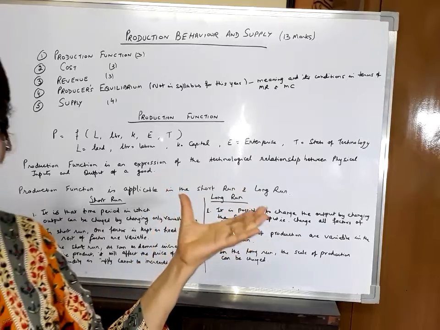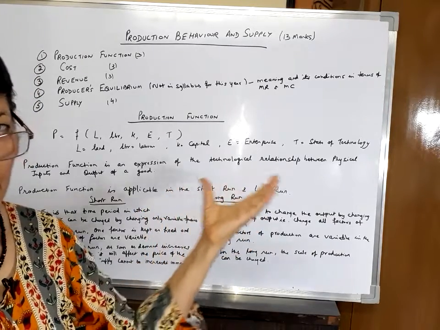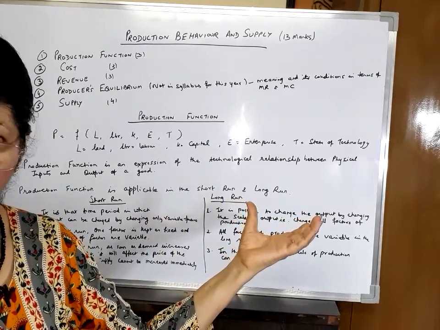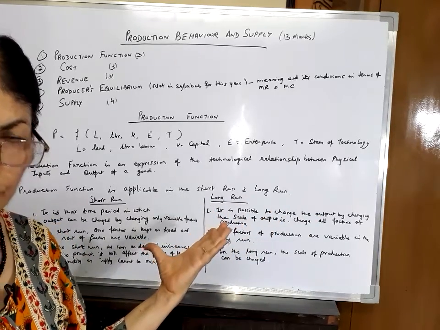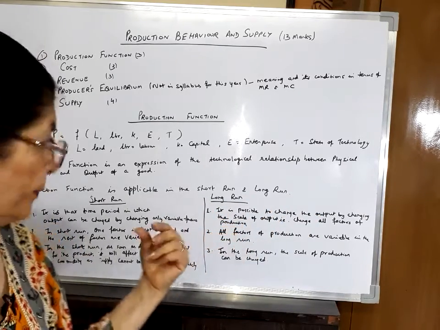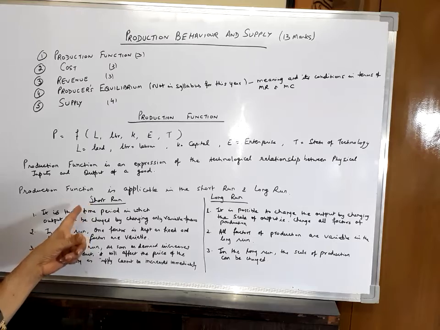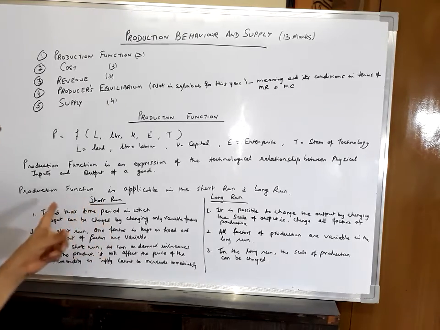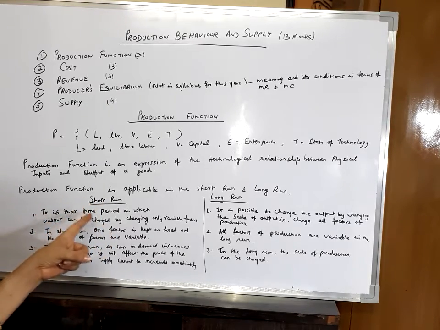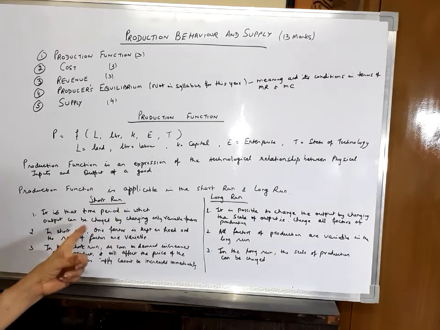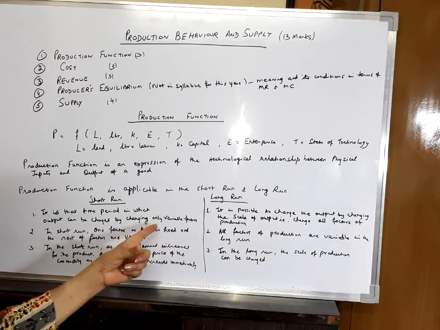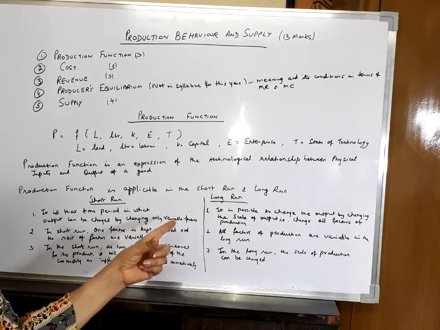Let us understand what is short period or short run and long period or long run. This I have given to you in the form of a table. Let us start with the first point on the short run. First point is, it is that time period in which output can be changed by changing only variable factors.